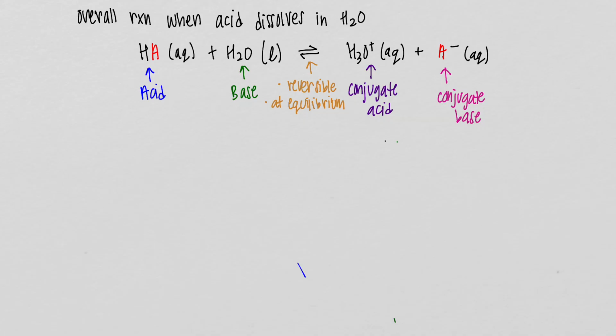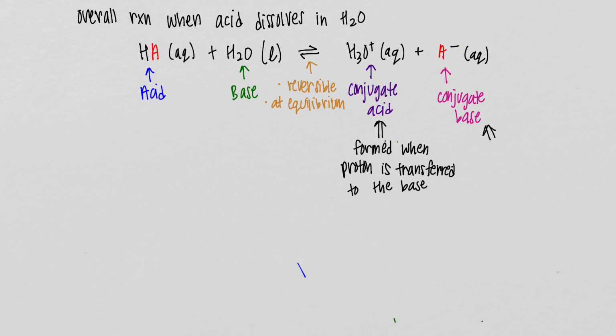The conjugate acid, just to define these, is formed when a proton is transferred to the base, and conjugate base, you can probably assume, is what remains of the acid molecule when the proton is lost.